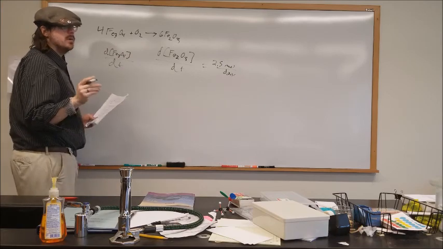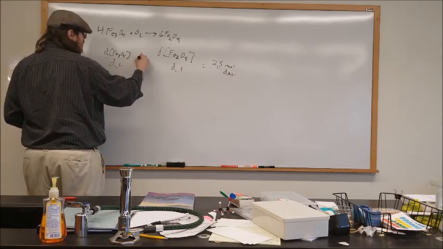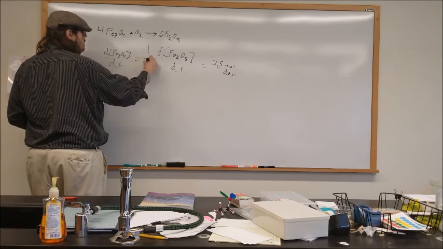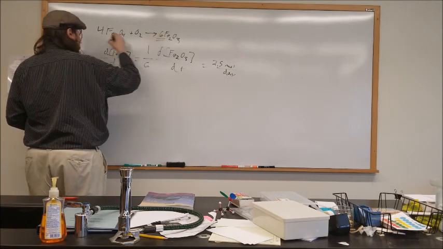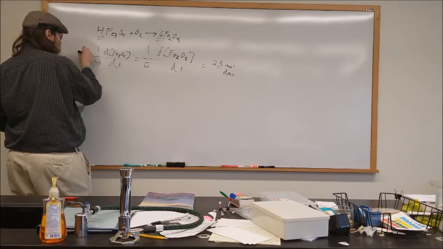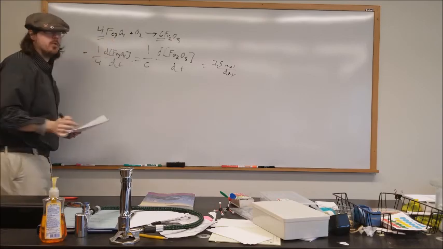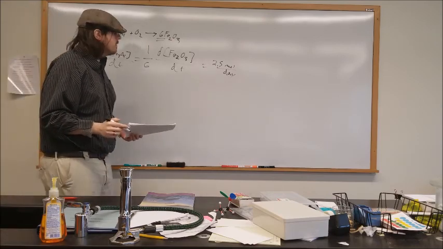Well, our ratio is really the coefficients. We say that these two are equal by a factor of 1 over 6 to 1 over 4. And it's technically negative because this is being consumed, this is being formed. So what do we have to do?